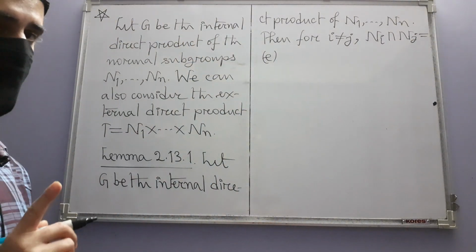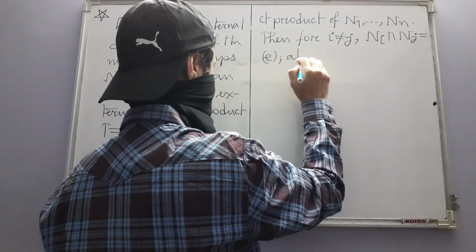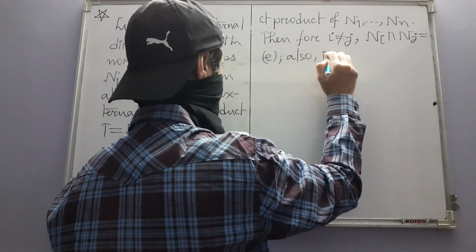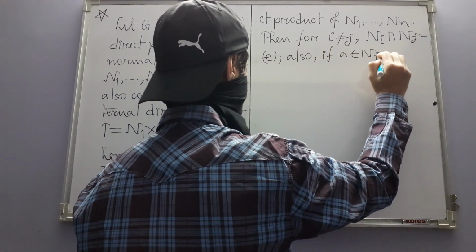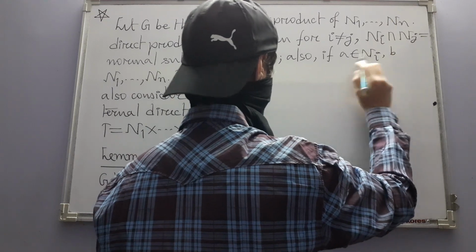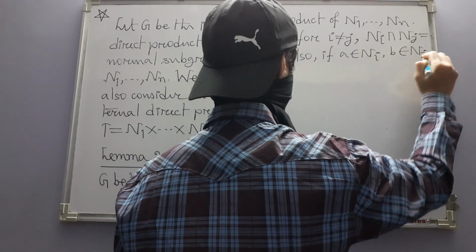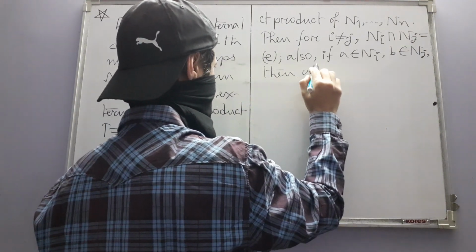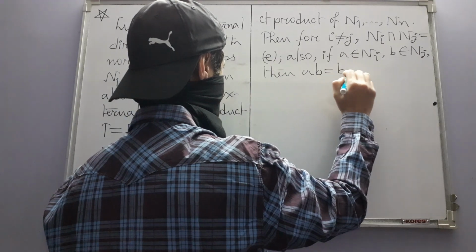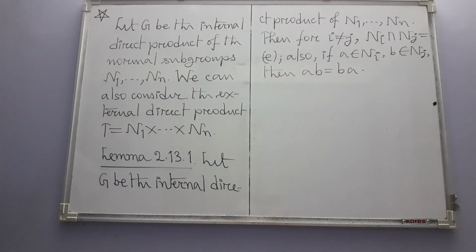This is the first claim, and there is another. Also, if a is any element in Ni, and b is any element in Nj, then they commute. Okay, so let us first prove this lemma.